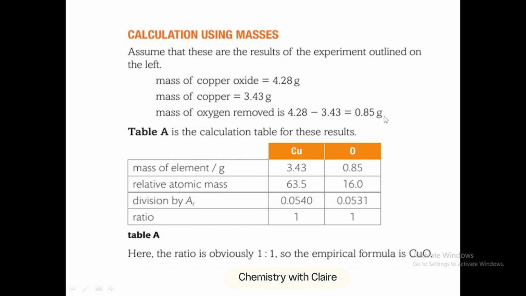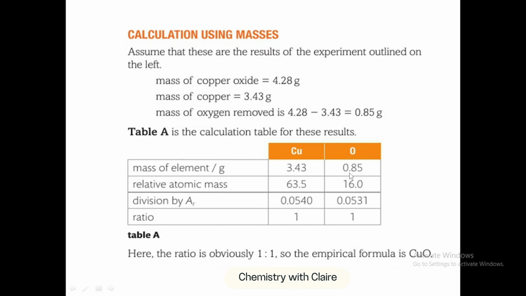So to find empirical formula, you will be either provided with the masses, and as you can see, this is also done stepwise. So you have the mass of copper and of oxygen. You divide it with their relative atomic masses respectively. So copper has a relative atomic mass of 63.5. Use that value. So 3.43 divided by 63.5, you're going to get 0.0540.